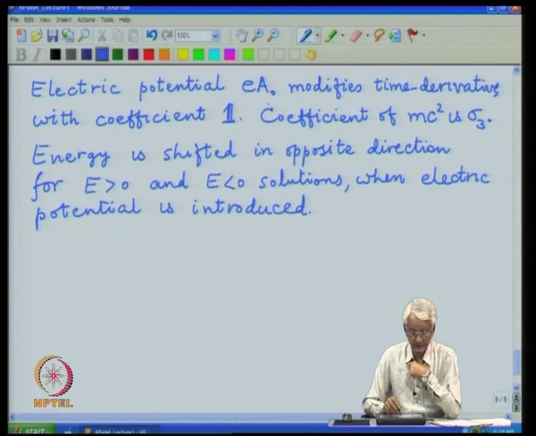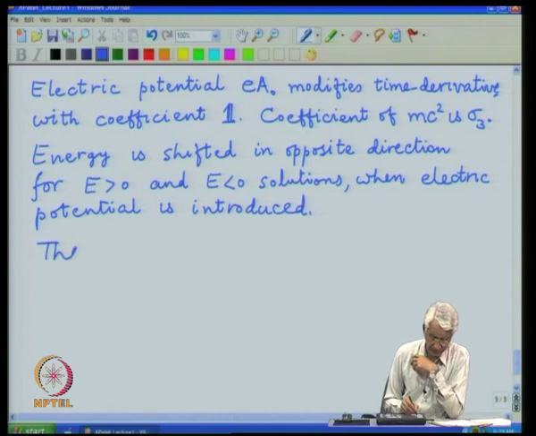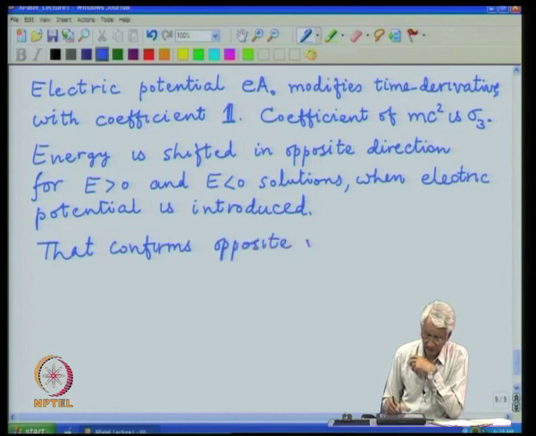Positive energy solutions will be shifted one way, in the sense that the magnitude of the energy in one case will increase, but in the other case, when the energy is negative, the magnitude of the energy in presence of the potential will decrease. These opposite shifts of the energy indeed confirm opposite values of charge for particles and antiparticles.